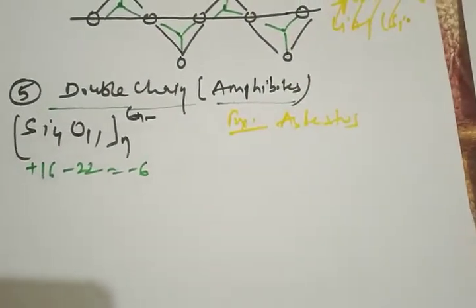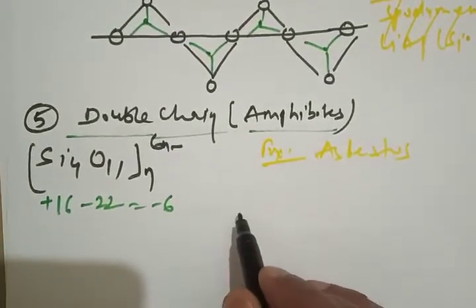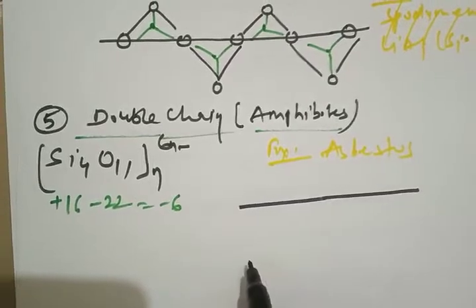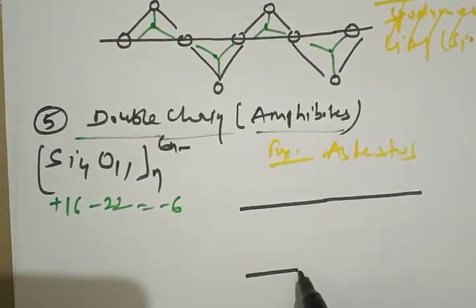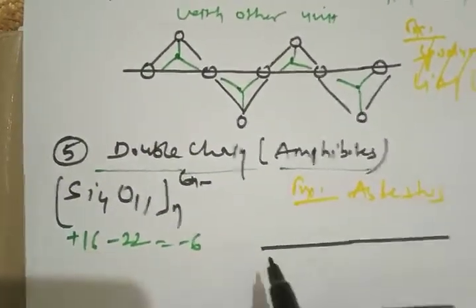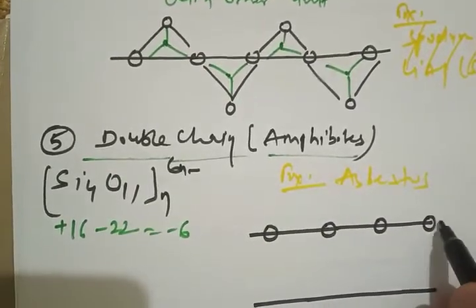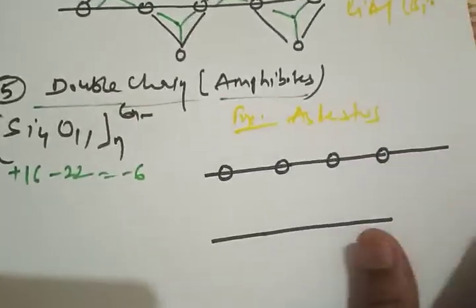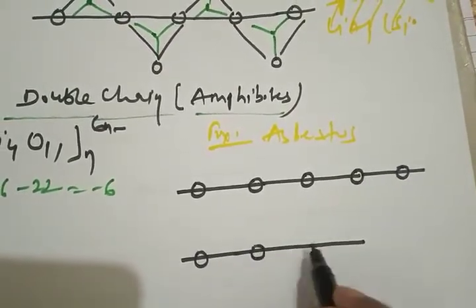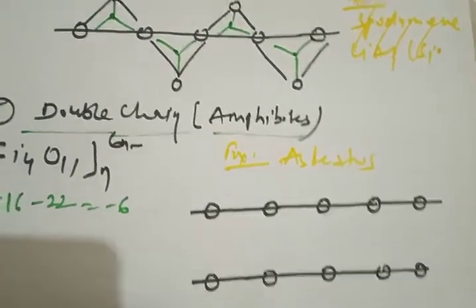Okay, so how will we draw the structure? One chain is here already, we know that, so we'll put the two chains. 1 2 3 4, and the fifth one. 1 2 3 4, and the fifth one.